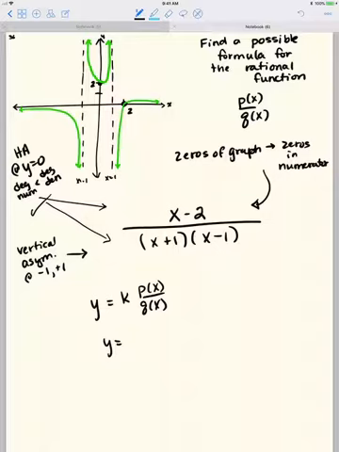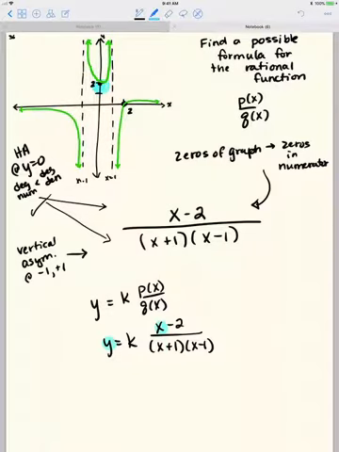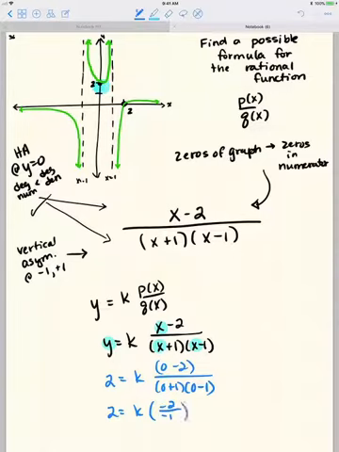For the one that we have, if we plug in the y-intercept, which it does give us, at 2, if we plug in 2 for the y value, 0 for all the x's, you'll get -2 over -1, which is 2.